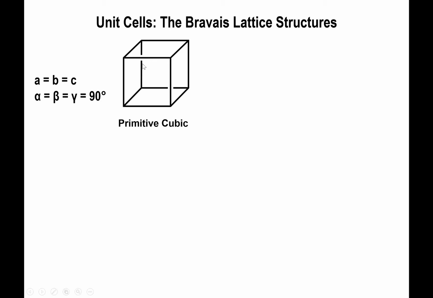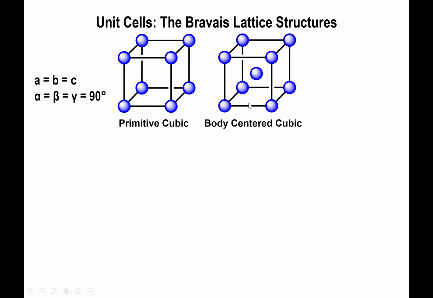Now, in the case where you have just a regular cube, where atoms are connected on the corners of the cube, we call that the primitive structure. Since this is a cubic lattice structure, we call this the primitive cubic structure. There are other structures where you not only have atoms on the corners of the cube, but also one in the very center of the cube, and we refer to that as the body-centered cubic structure.